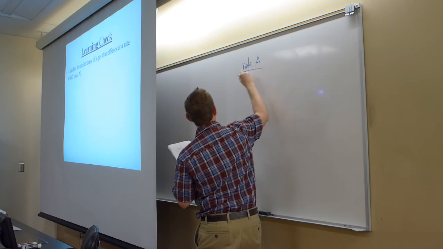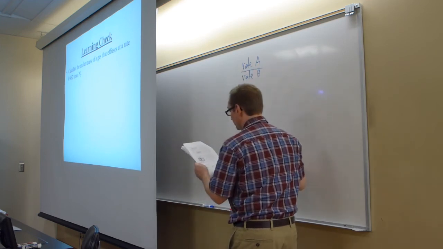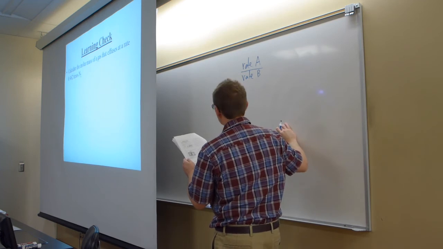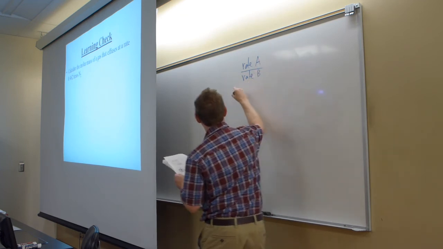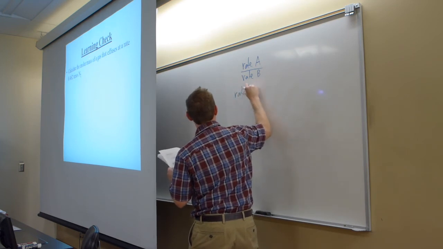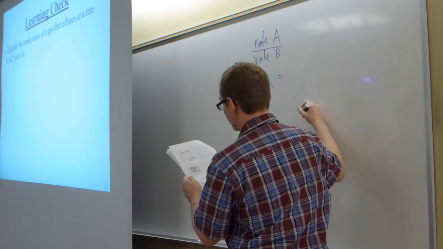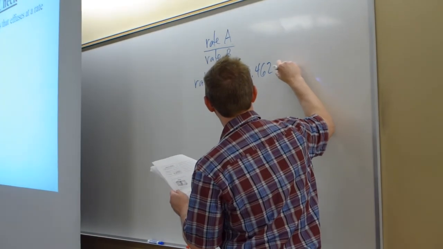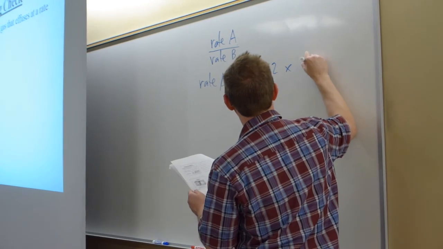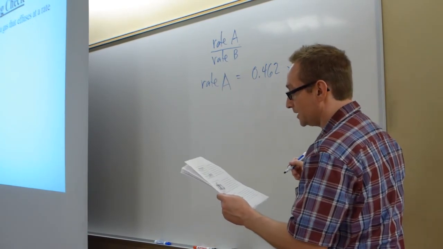So we have rate of gas A over rate of gas B, right? What it means is that if we take the rate of some unknown gas A, that's equal to 0.462 times the rate of gas B, and we'll take gas B as being nitrogen.